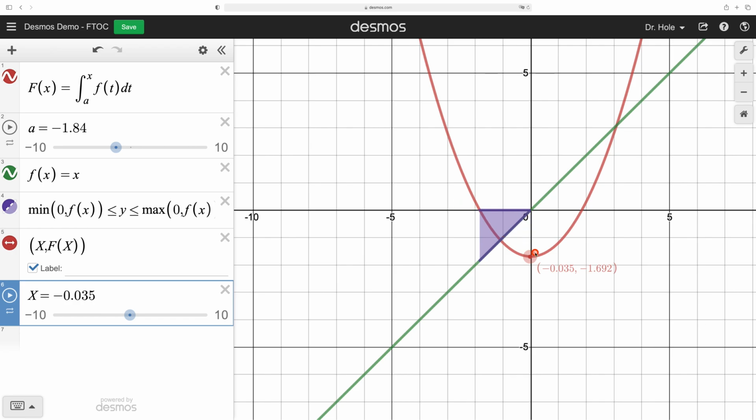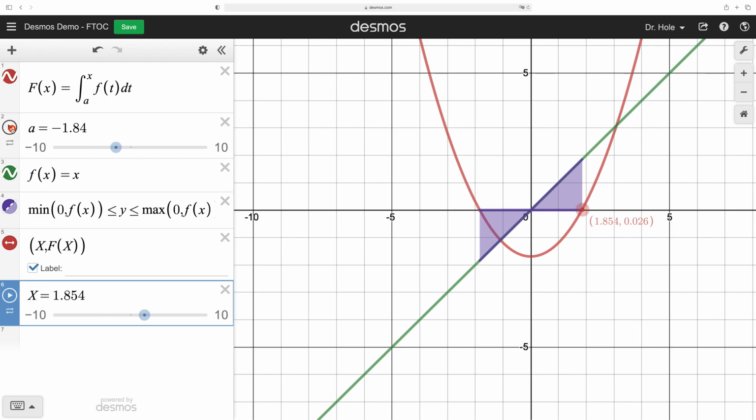And then as inputs move to positive inputs, the purple region is going to begin to shade underneath the green curve and therefore lie above the x-axis. Play. There we go.